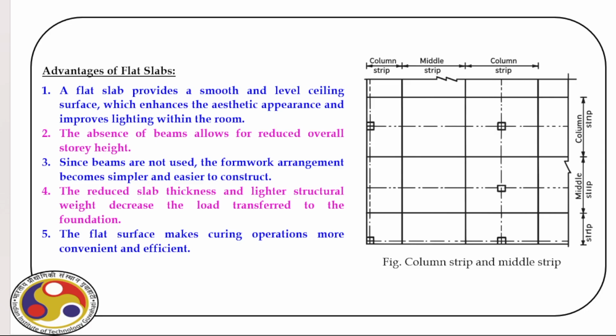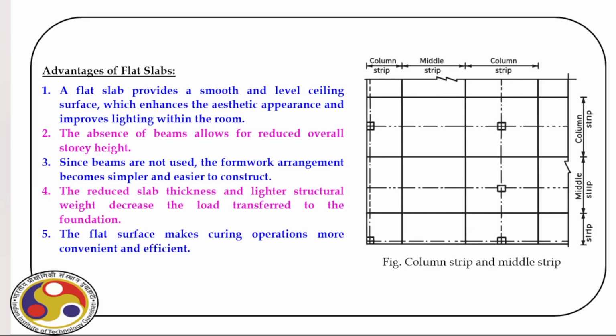In the case of a flat slab, we do not have a beam, so we have a smooth and flat ceiling, which is aesthetically more pleasing. Obviously, when we design a frame without beams, it allows us to reduce the overall story height. And since the beams are not there, it is easier and simpler to construct.